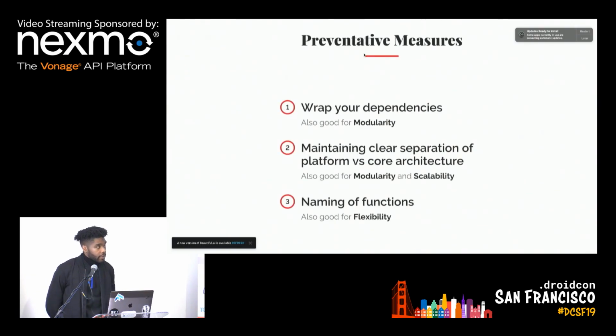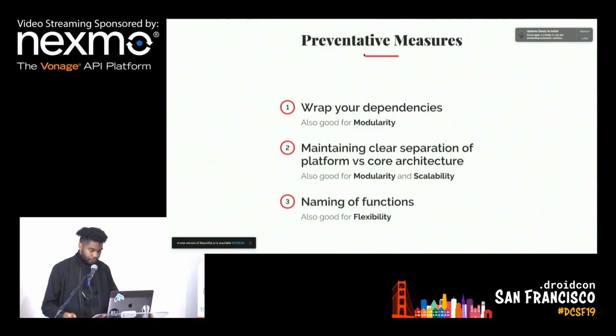All right, so the first here is going to be wrapping your dependencies. So not wrapping your dependencies and instead exposing it to your code base puts you at the whim of the third party's code base. So this also increases modularity in your code base as each dependency can be incorporated within its own module. And then the next is going to be maintaining clear separation of platform versus core architecture.